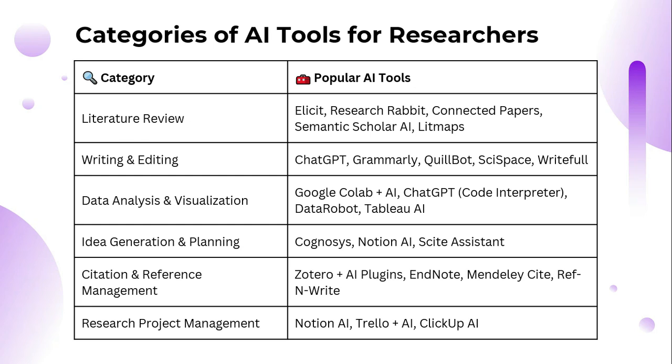The very first is the category of literature review, and the popular AI tools that we will be having a look at are Elicit, Research Rabbit, Connected Papers, then Semantic Scholar AI, and Litmaps. My favorite in this case is Connected Papers and Research Rabbit because of their certain capabilities. I will let you know shortly, because after this slide we are going to have a demonstration of some of these tools.